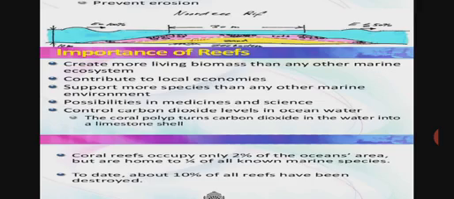It creates more living biomass than any other marine ecosystem, contributes to local economies, and supports more species than any other marine environment, with possibilities in medicines and science. It also controls carbon dioxide levels in ocean water because reefs consume a large amount of carbon dioxide, and the coral polyp turns carbon dioxide in the water into a limestone shell.